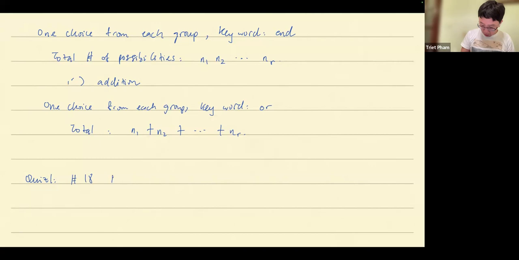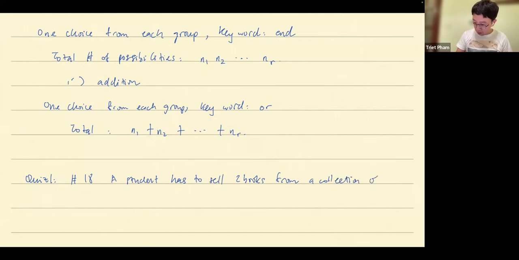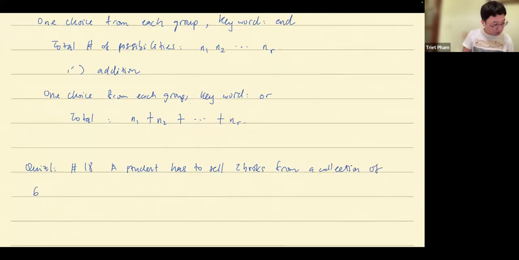A student has to select 2 books from a collection of 6 math, 7 science, and 4 economics.